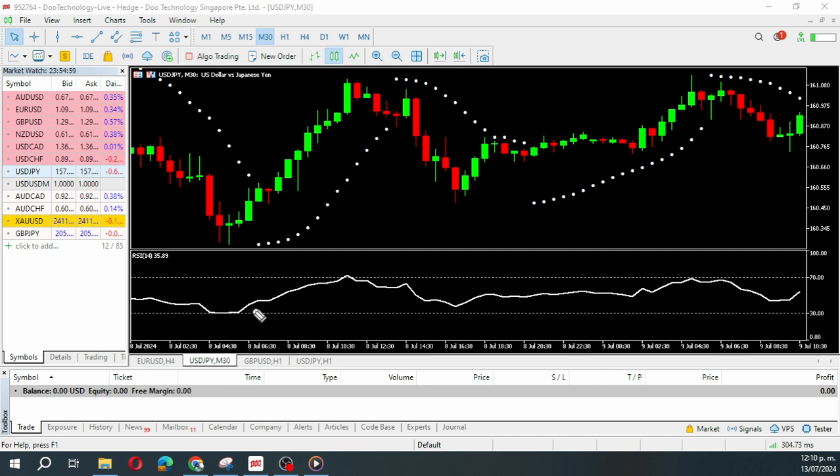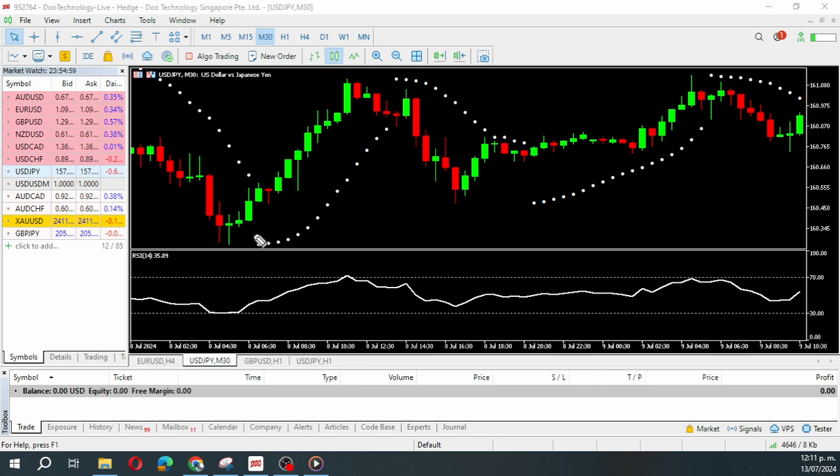Because you are thinking, oh, it's okay, it happens that it's in the upper with the 17 area, so it's going to go down. But what happens if the price just continues to go up and up and up, so you lose your money, right? So that's why I also add the SAR indicator, right?